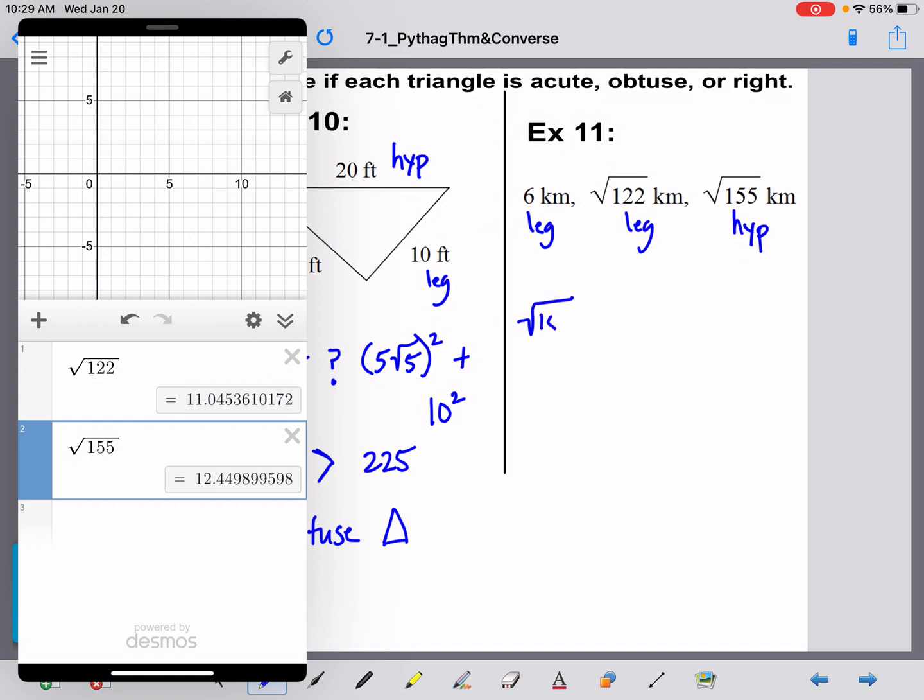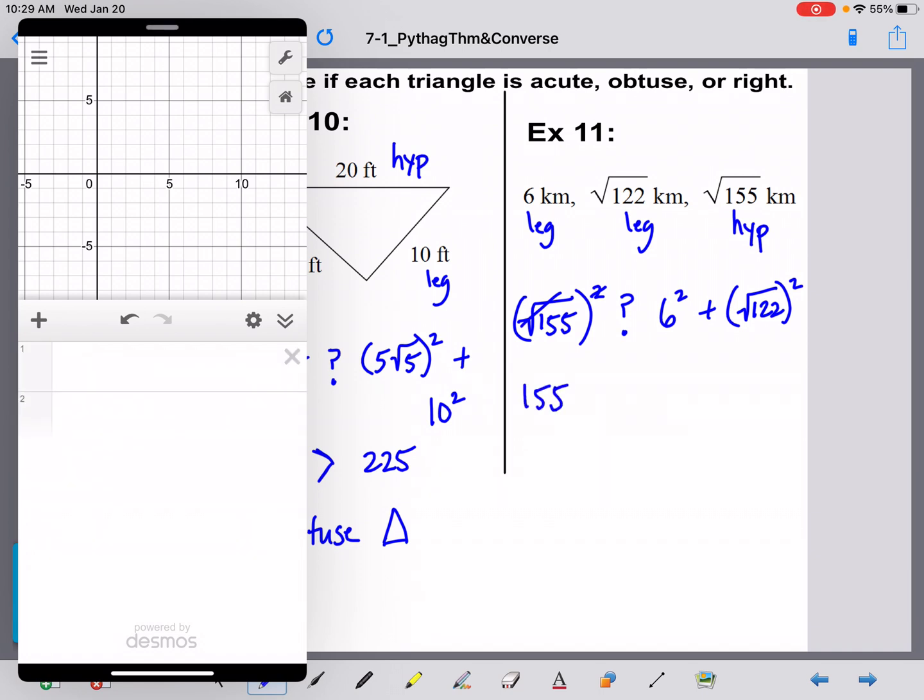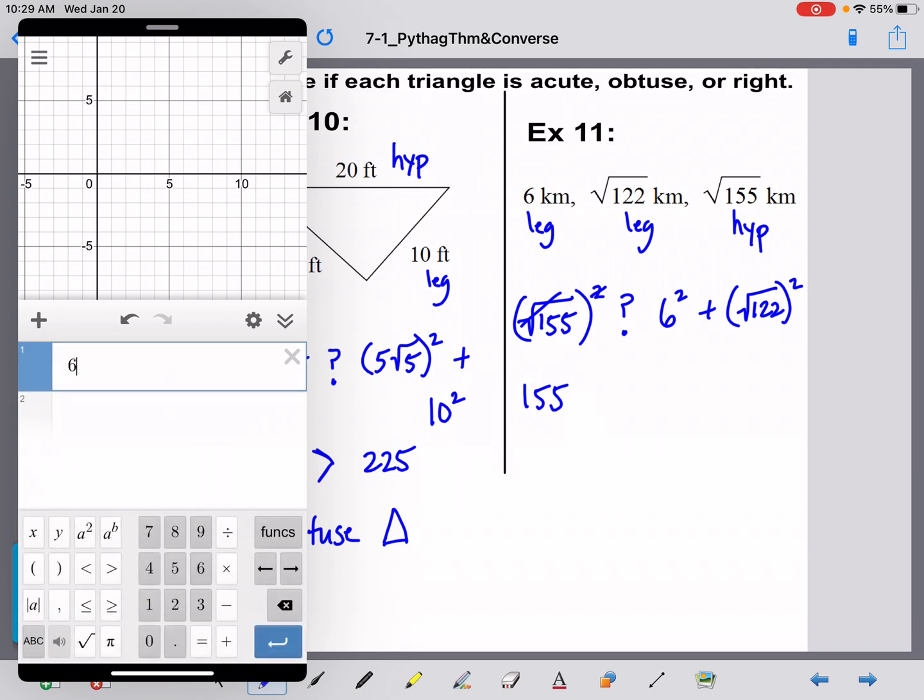So now, I don't know what symbol I'm going to be using, so I'm using a question mark. All right, this is pretty easy because those cancel. I've got 155. So now over here, 6 squared plus parenthesis radical 122 parenthesis squared.